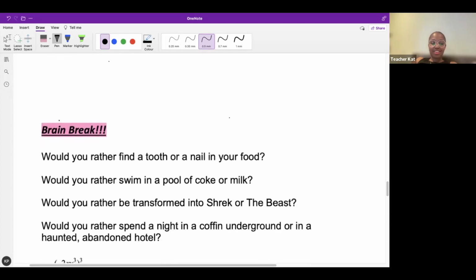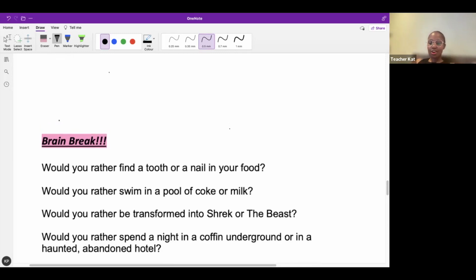Okay, let's go to the last one. Would you rather spend a night in a coffin underground or in a haunted, abandoned hotel? So many people choosing hotel, guys.